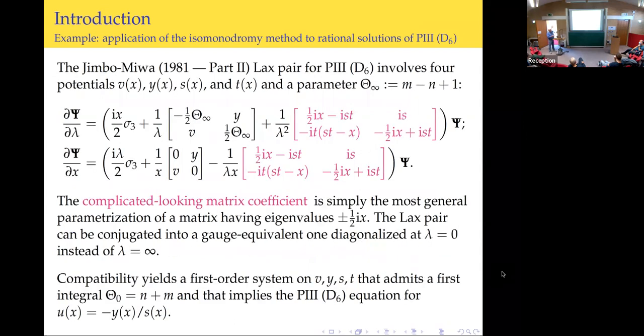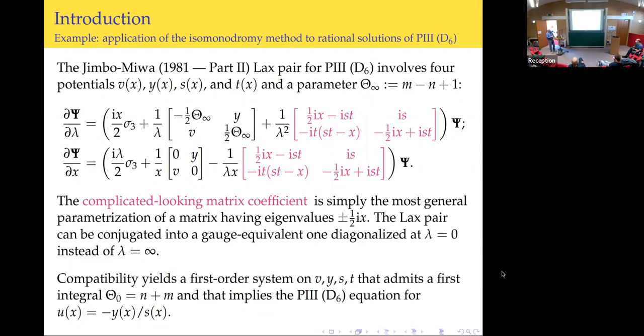That's very good. And now I need to show you the Lax pair for the Painlevé III equation. So this was in the paper of Jimbo and Miwa. They have this 3-part paper from 1981 about isomonodromic deformations of differential equations. And it's in part 2 where there's an appendix that lists all of the Lax pairs for the Painlevé equations. So that's a useful reference if you want to look those up. So they give the Lax pair for the D6 equation.